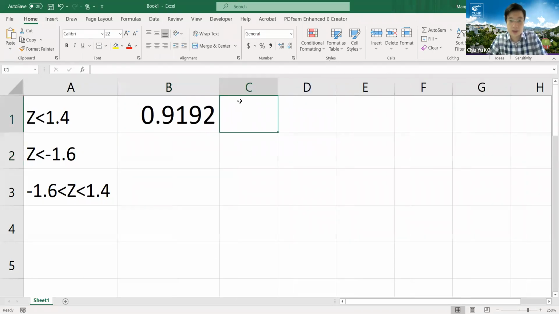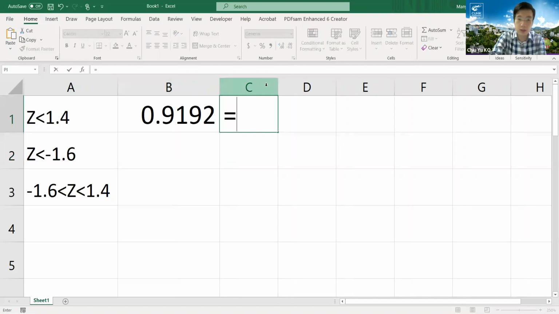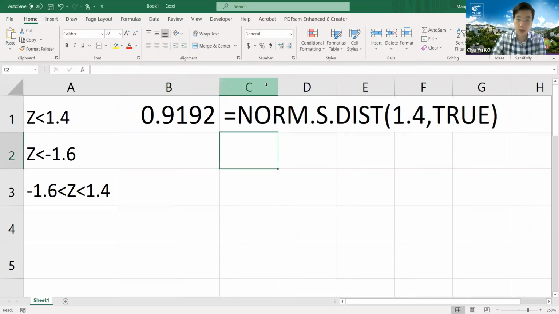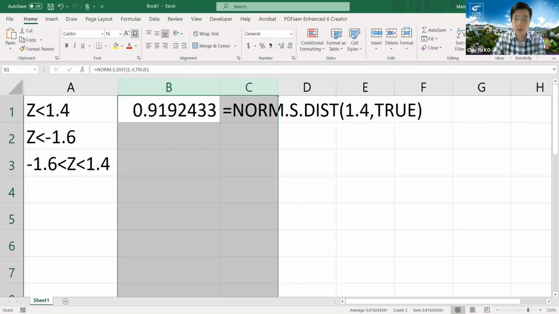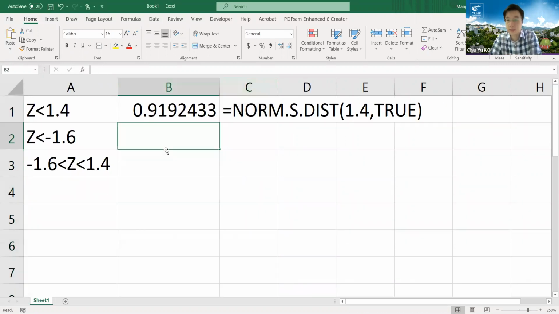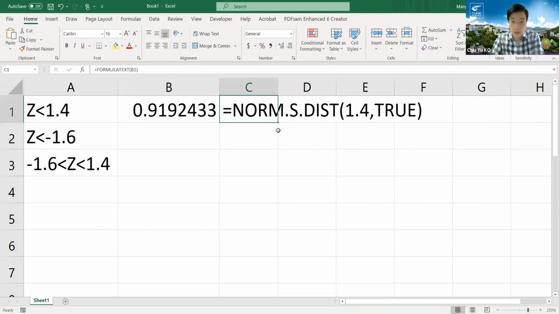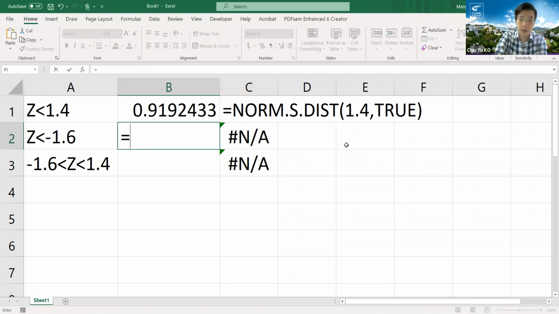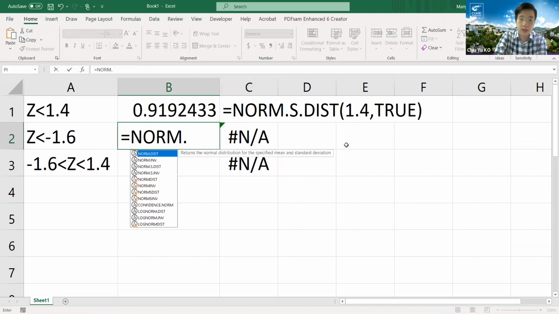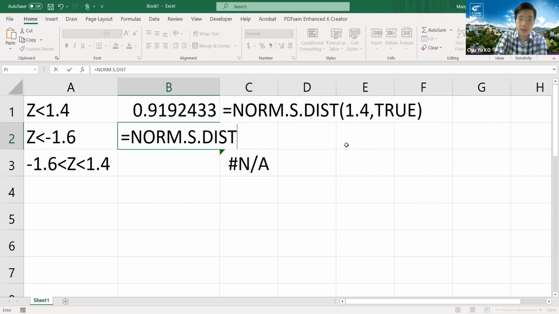Maybe this font is a little bit too big. Is that okay? Okay, so for the rest, for this one it will be just NORM.S.DIST.